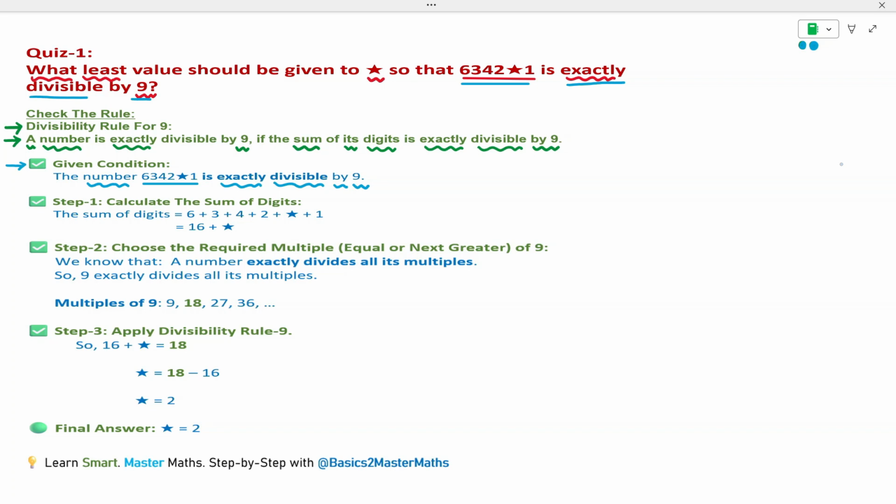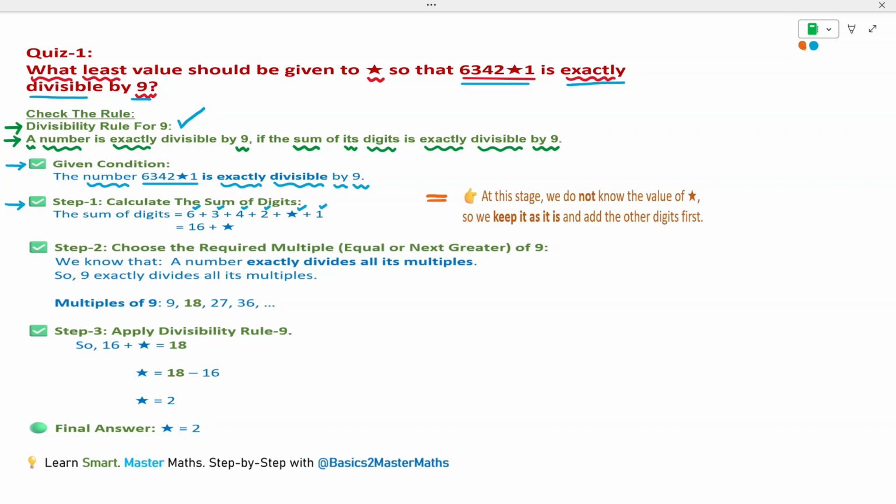To apply the divisibility rule for 9, first calculate the sum of digits. In this case, the sum of digits equals 6 plus 3 plus 4 plus 2 plus star plus 1.